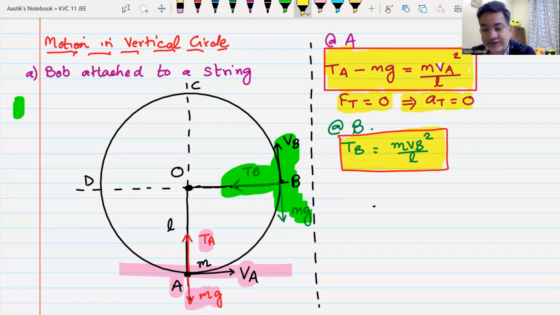What is the equation that you can make in the tangential direction? This line is the tangential direction, the green line. Do you see any force acting on this green line?